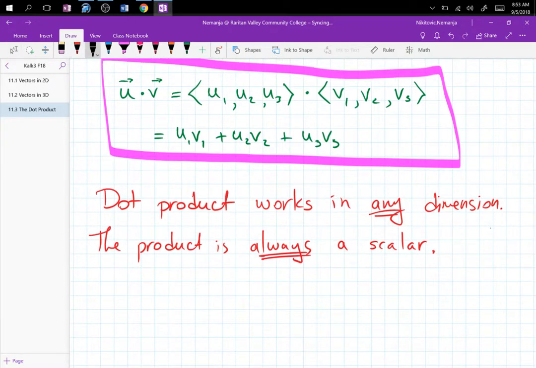So as a quick exercise, you guys multiply 2, 0, negative 3 with 6, 1, and negative 2.